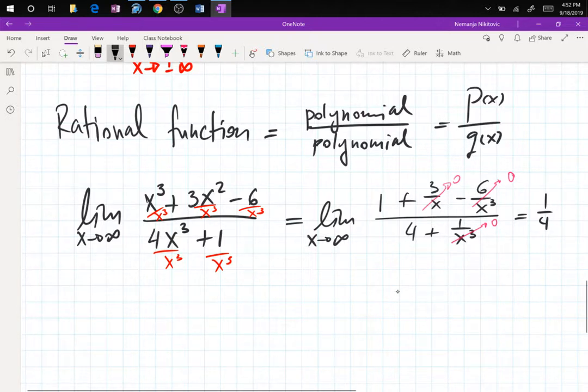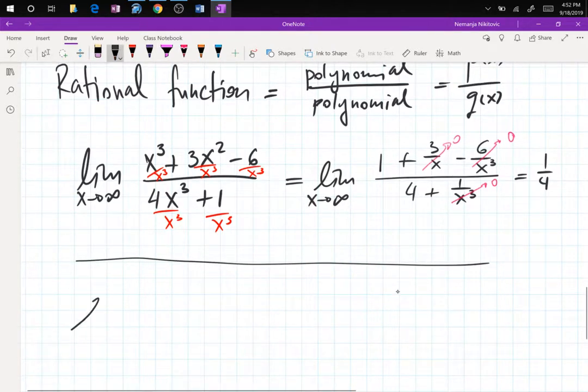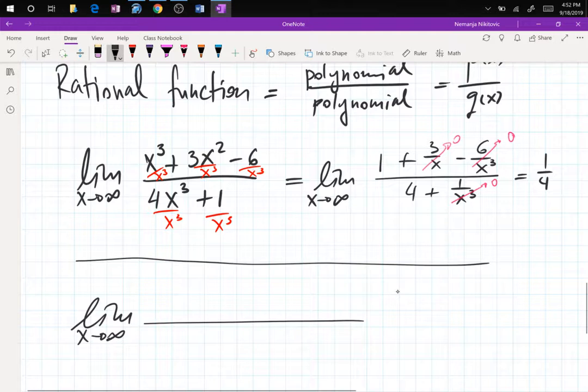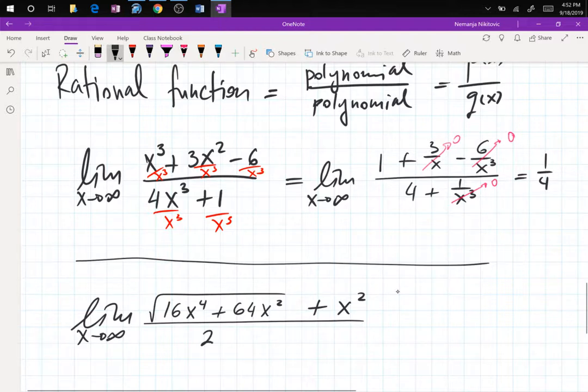Now, I'm looking at a different edition of the book, so I'm not going to write the problem number, but you will recognize them because they have these algebraic features. So, we are looking at the limit as x goes to infinity of the square root of 16x to the fourth plus 64x squared, plus x squared outside of the root, divided by 2x squared minus 4.